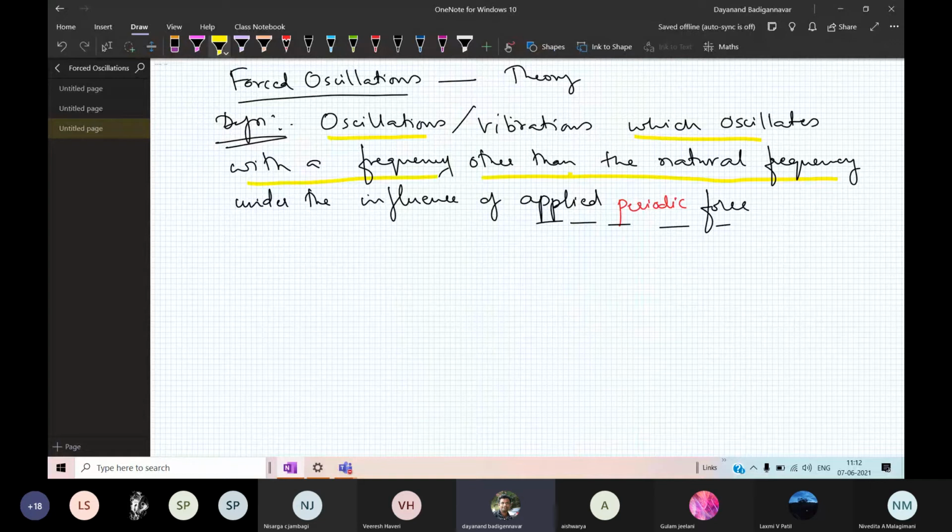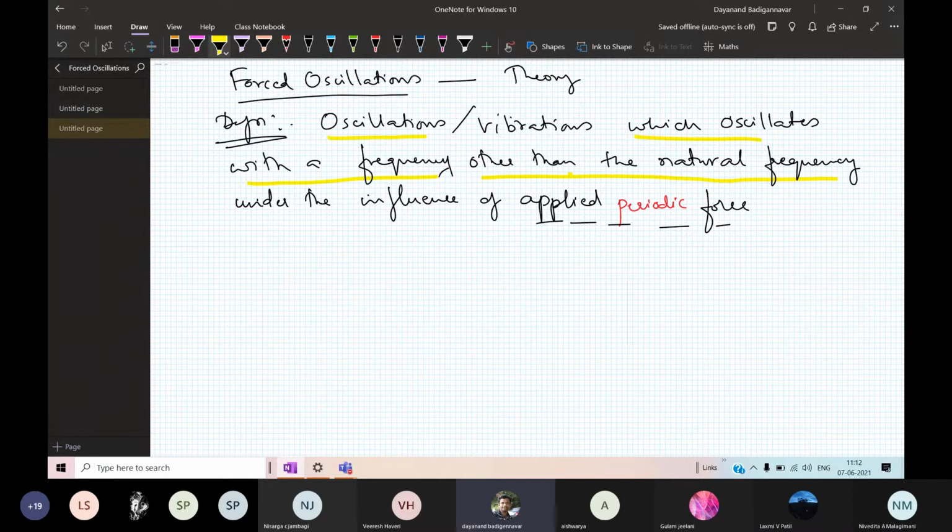In the last class, I told you the meaning of natural frequency. Every body has its natural frequency. Both in free oscillations and in damped oscillations, it is good. But under forced oscillations, what happens? It is not vibrating under the natural frequency. It is vibrating under a frequency which is different from the natural frequency.